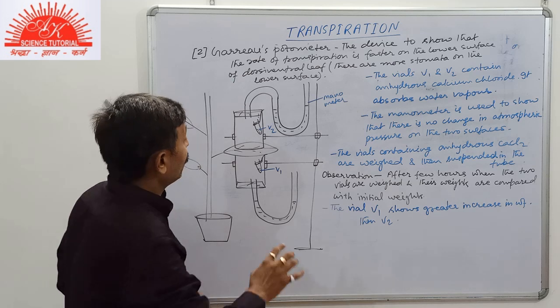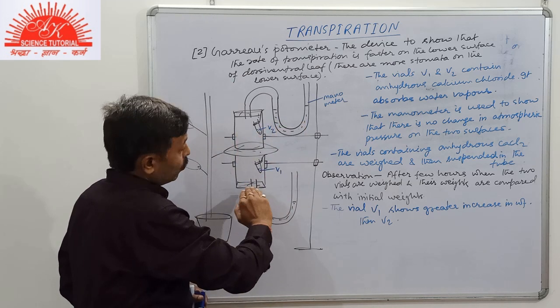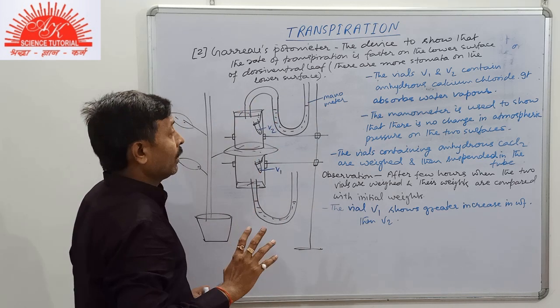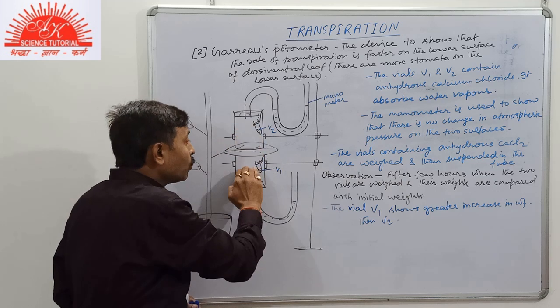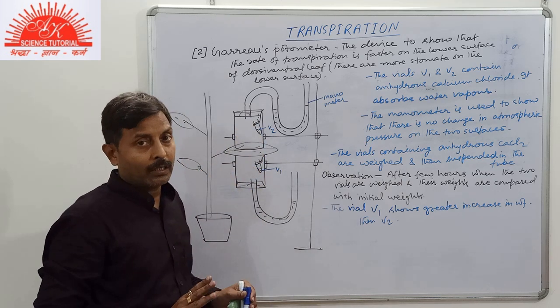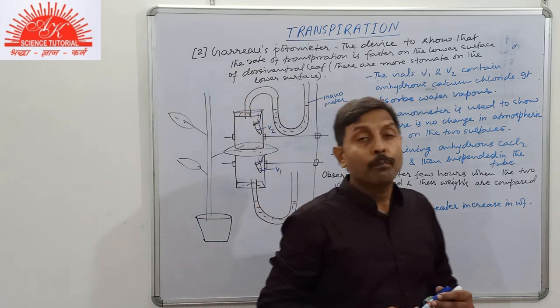Clear, student? Now during the experiment the two manometers show no difference in the level of liquid in the two arms, indicating that on the two surfaces there is the same atmospheric pressure. Clear, student? So these were the two types of potometer.